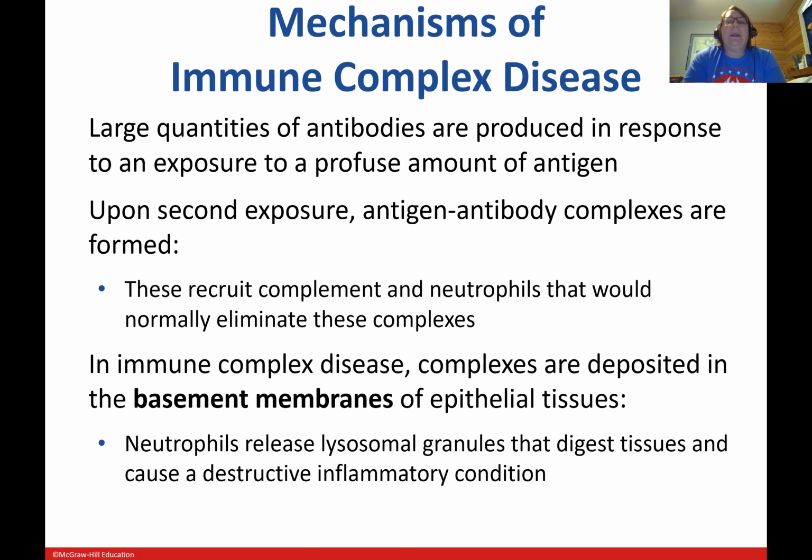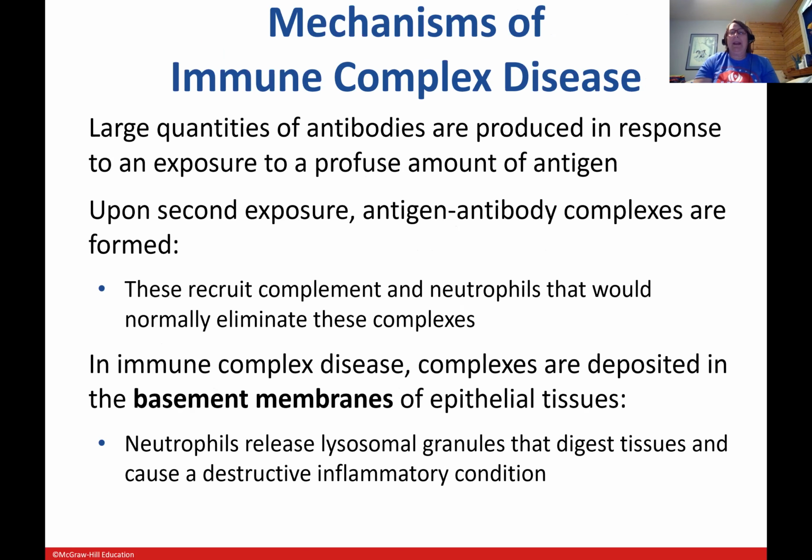Okay, so immune complex disease is where large quantities of these antibodies are produced in response to a large amount of this soluble antigen. Upon the second exposure, again, you get a very fast and a very strong immune response. So basically, you end up with lots of these antigen antibody complexes, and those turn around and recruit a type of white blood cell called neutrophils, as well as the complement system.